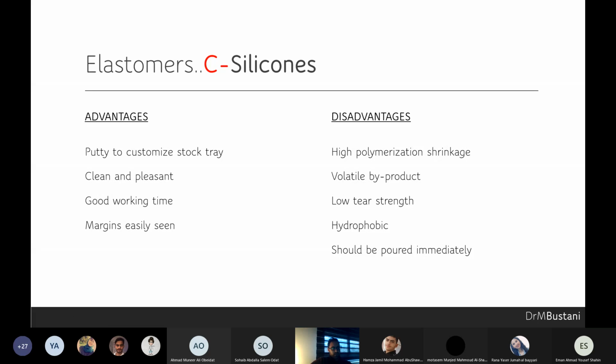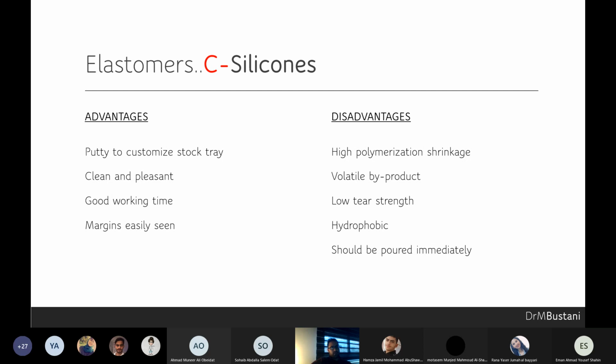The advantage of the C-silicone is that you have a putty to customize the stock tray in order to minimize the amount of light body used to record a proper impression, with less polymerization shrinkage. They are clean and pleasant. They taste well, and they don't stain the clothes.